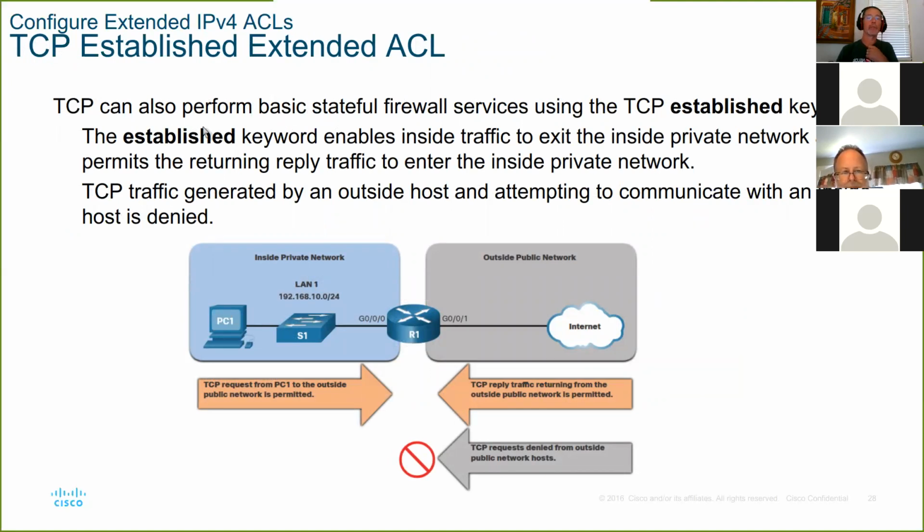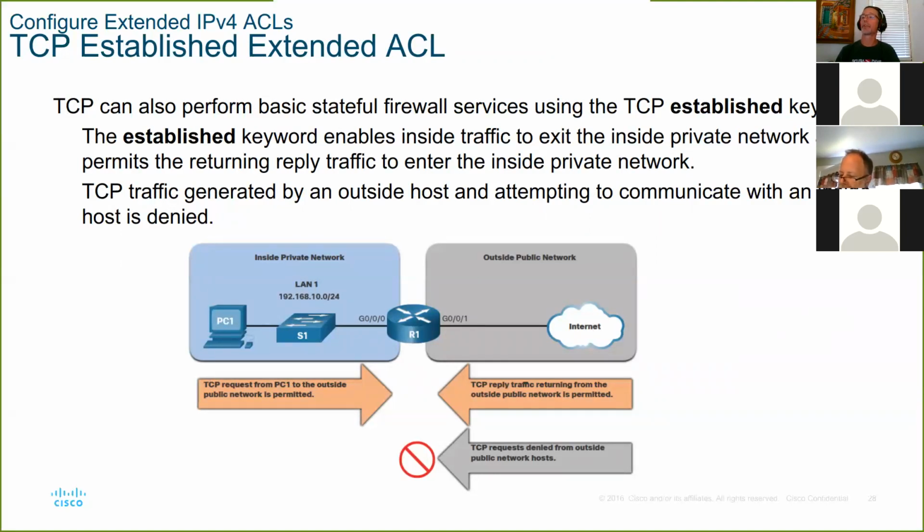The established keyword is common. We create a very tight firewall and we let traffic go out, and we don't necessarily want to have to create an ACL specific to that traffic, because after all, we don't necessarily know who's going to go out using what protocol. So we allow any traffic back in, and then we add the established keyword, because what that implies is that the traffic originated from within.